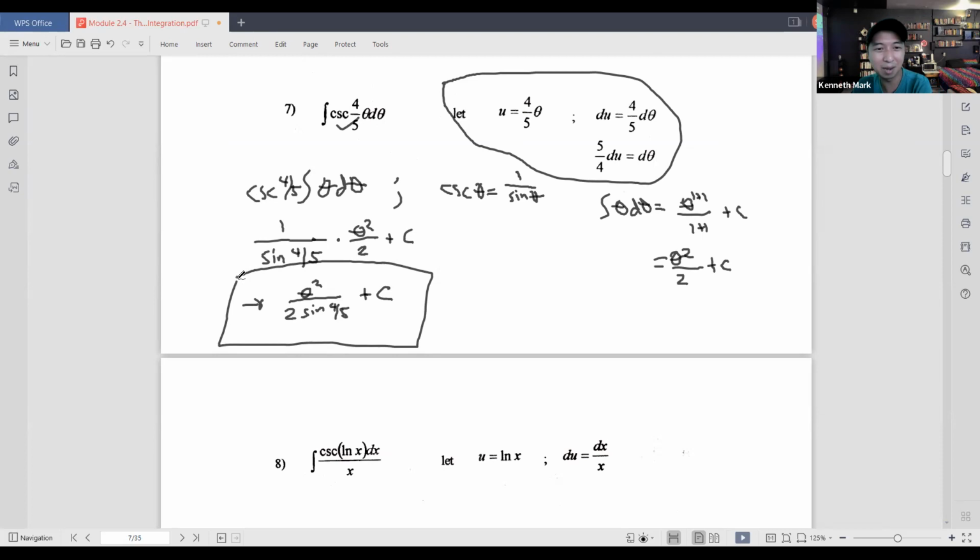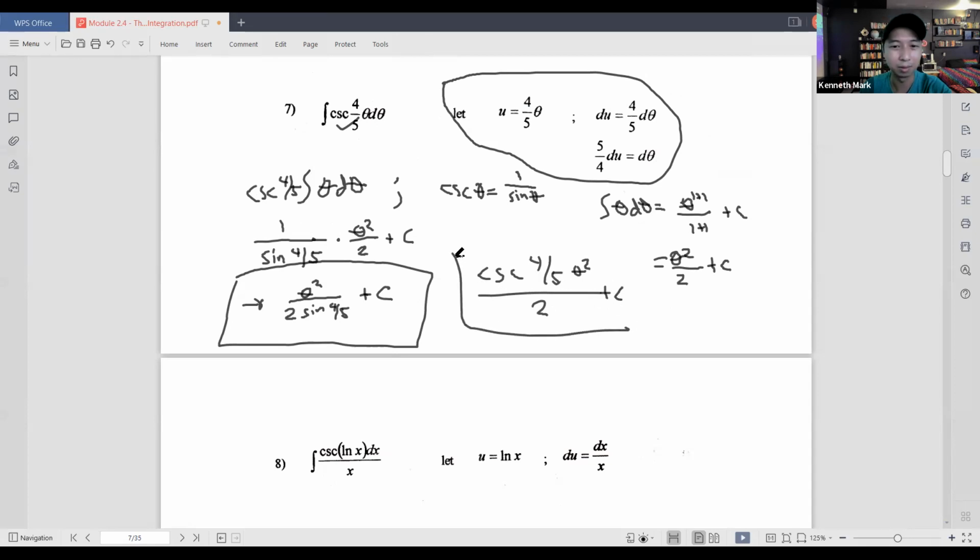Di ba? Or pwede naman, hindi mo magamit sa trigonometric functions. Direkta nyo na lang. Kung hindi mo magamit ang trigonometric functions, it will just equal to cosecant 4/5 multiplied by your theta squared over 2 plus c.